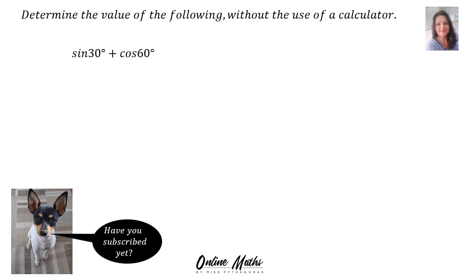Determine the value of the following without the use of a calculator. I give you a little sum, sin 30 degrees plus cos 60 degrees. It's the two special angles and you need a help sketch. There's our sketch. There's 30 degrees, 60 degrees, 1, √3, and 2. Now we can do the sum. Sin 30.